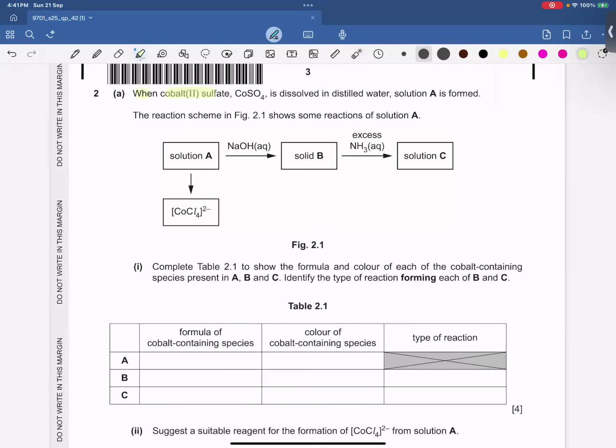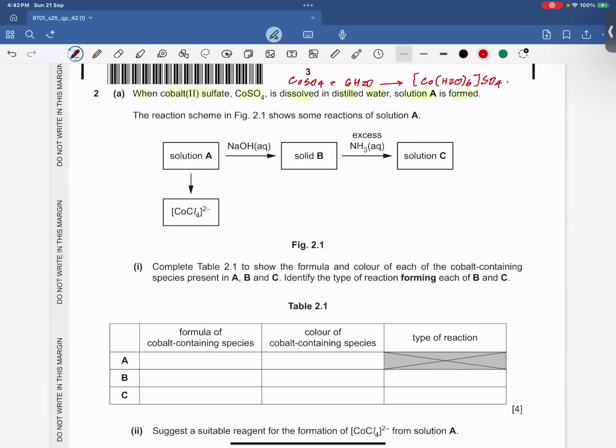When cobalt 2 sulfate is dissolved in distilled water, solution A is formed. Let me give you a hint here. When cobalt 2 sulfate is dissolved in water, it will give you a complex compound like this.